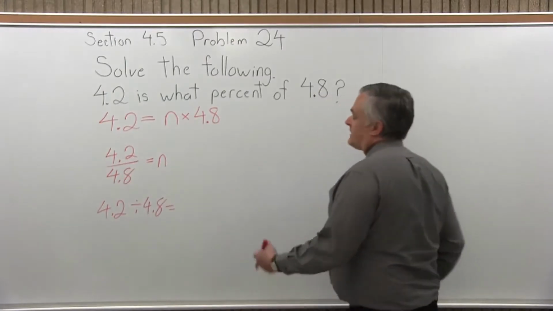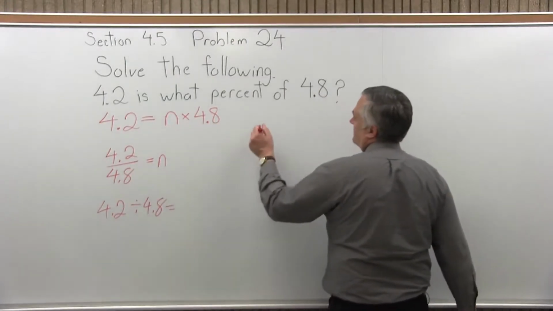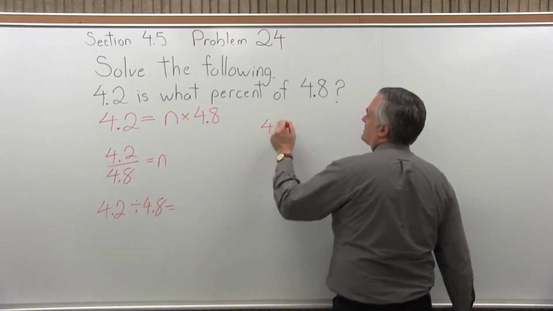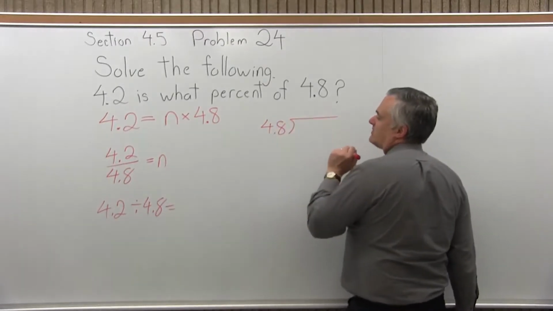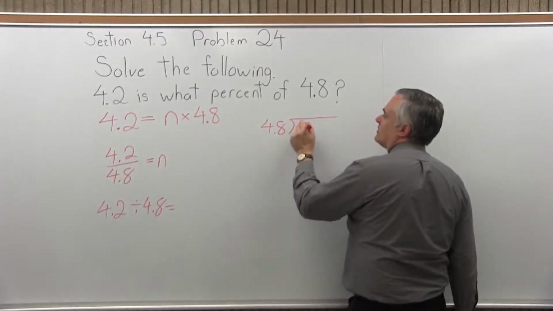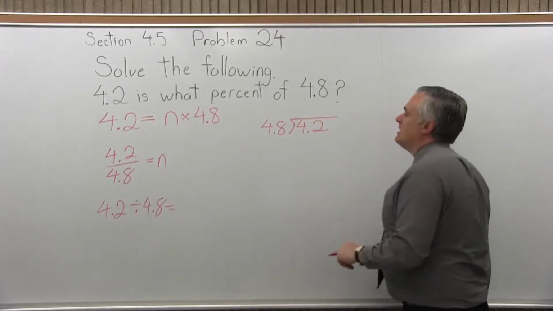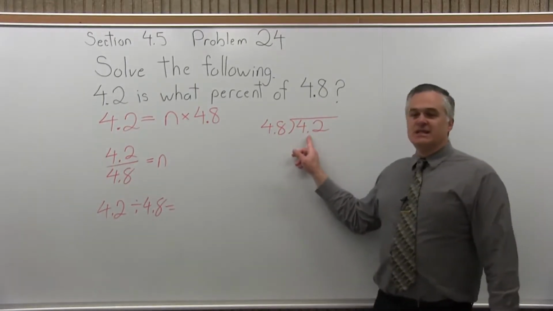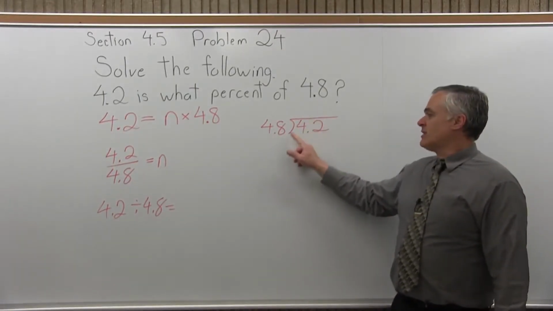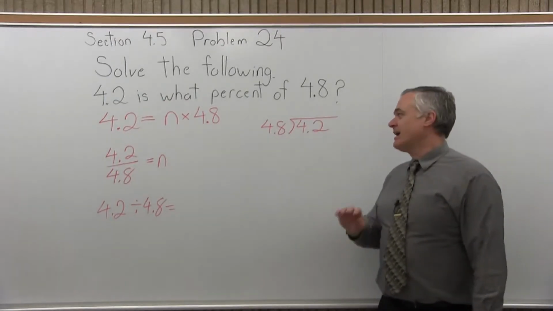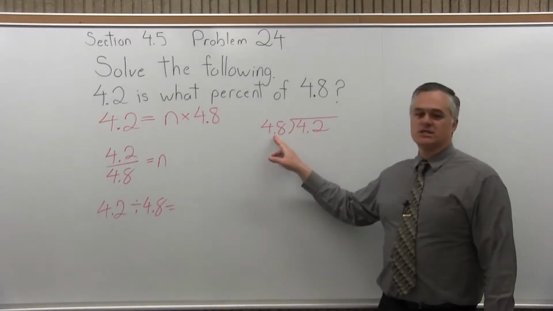So if you have to do it the long way, the 4.8, the denominator, will go outside of the division symbol. The numerator 4.2 goes inside the division symbol. Now, it's okay to have a decimal inside the division symbol. It would just go right up vertically, but outside is a problem. I have to get rid of the decimal outside of the division symbol.